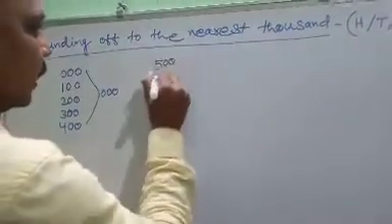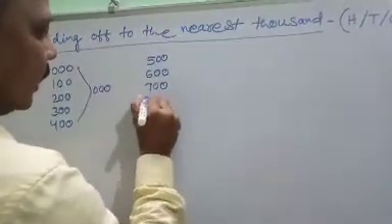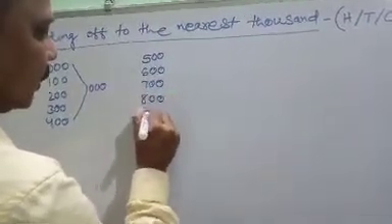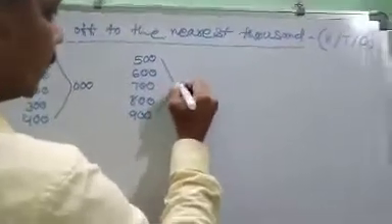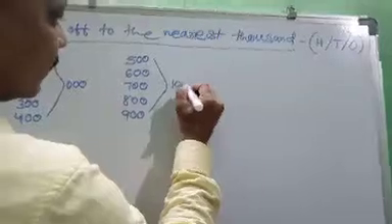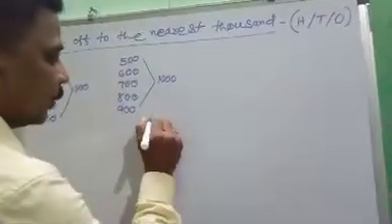If 500, 600, 700, 800 and 900 is there, its value will become 1000.